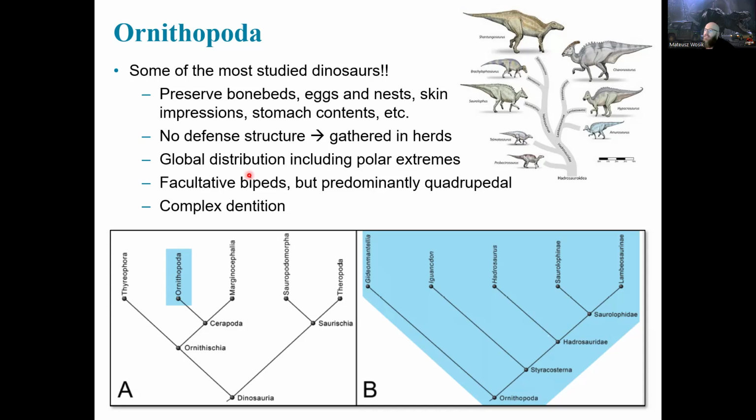Another neat thing about them is that they were facultative bipeds. What do we mean by that? They were predominantly quadrupedal, meaning walking around on four legs, like we see in all of these here. Their body weight simply necessitated walking on four legs, otherwise their back legs wouldn't be able to withstand that for longer periods of time.